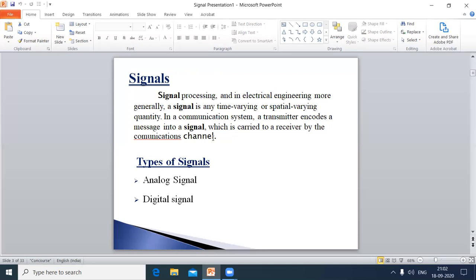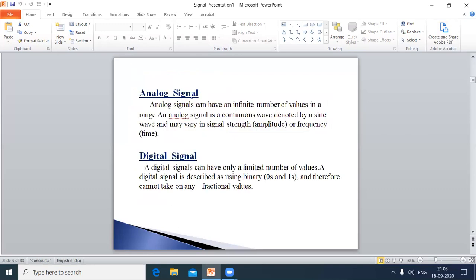Signals are classified into two categories. Okay, types of signal. First one, analog signal. Second one, digital signal. Analog signal. An analog signal is a continuous wave that changes smoothly over time.